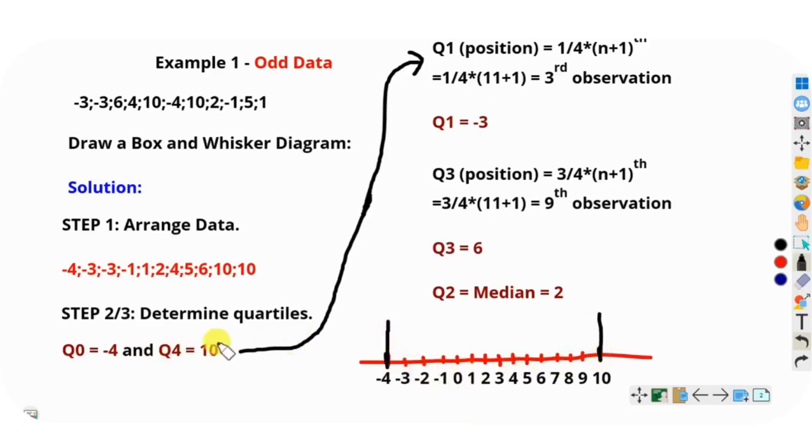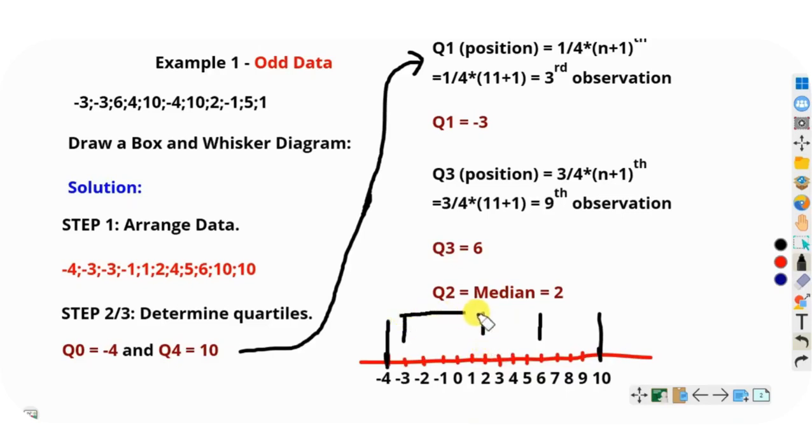Then Q1 is 3, and 3 is here. Q3 is positive 6. The ones for the box and whisker do not touch the number line. And the median, positive 2, is here.